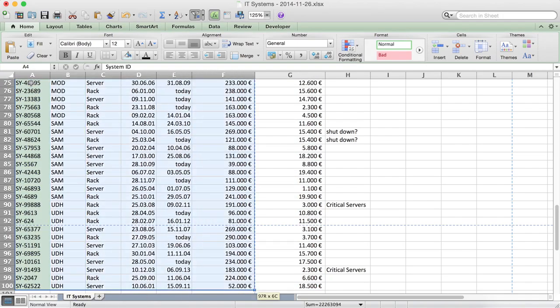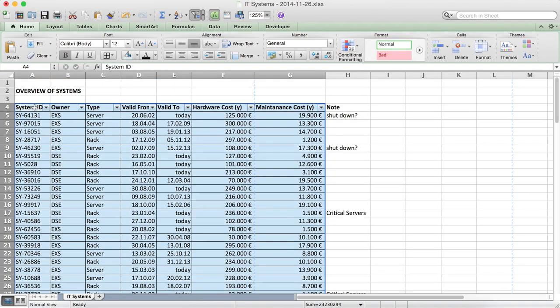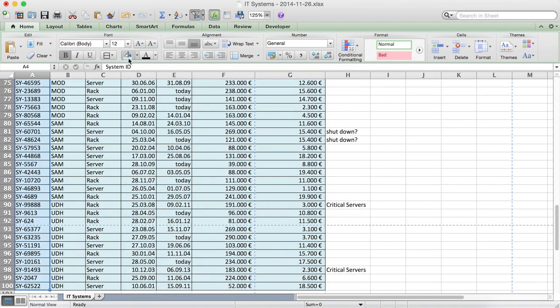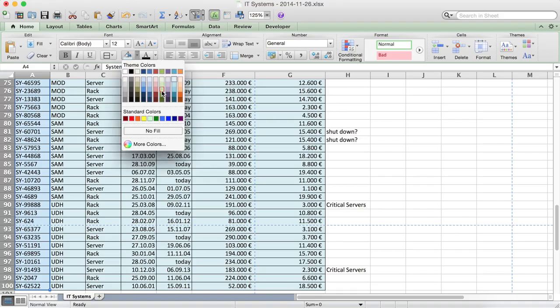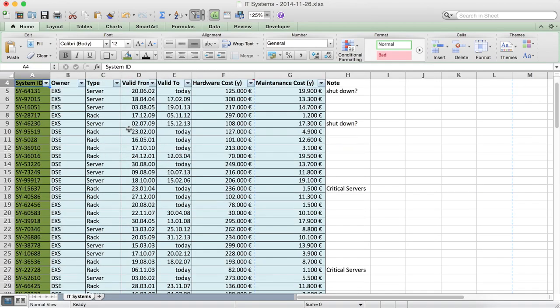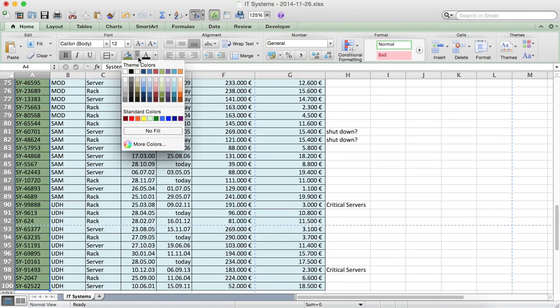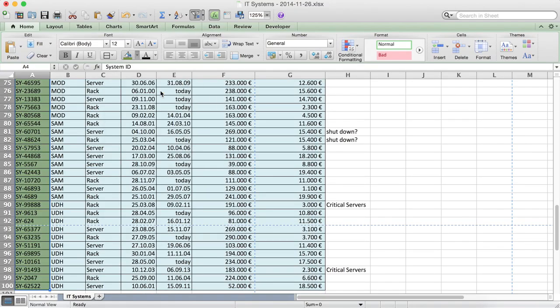If you send a table like this to a head of department or to a CEO, he will instantly think that you know your data, right? And he or she will think, that's a person I can trust somehow.